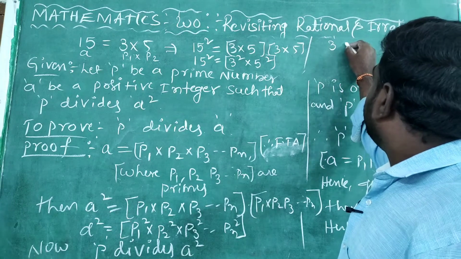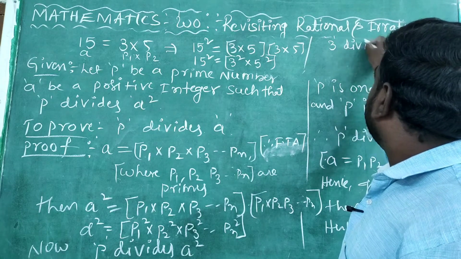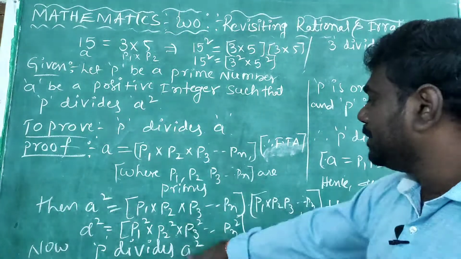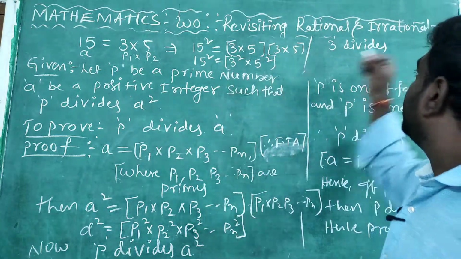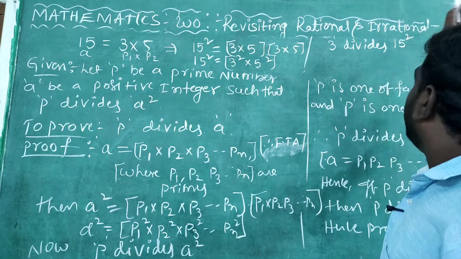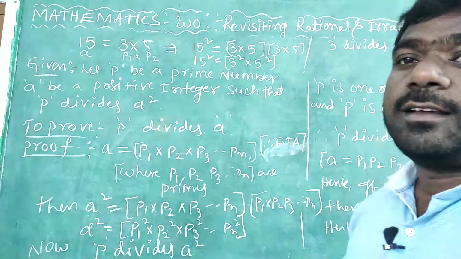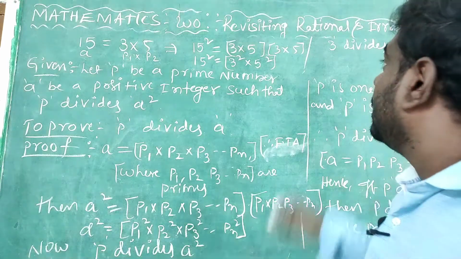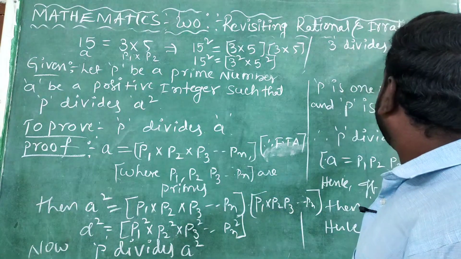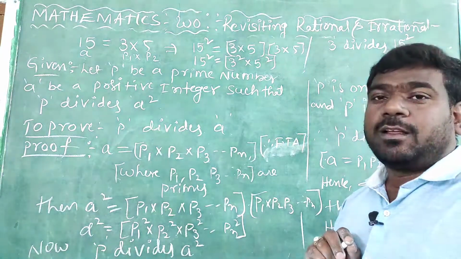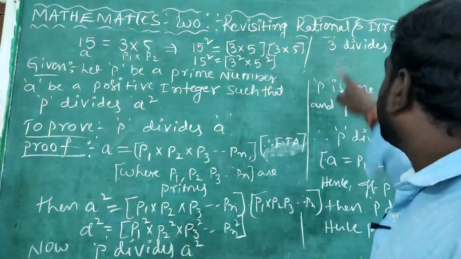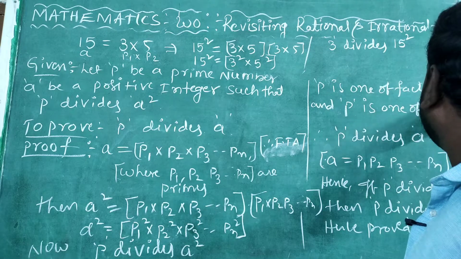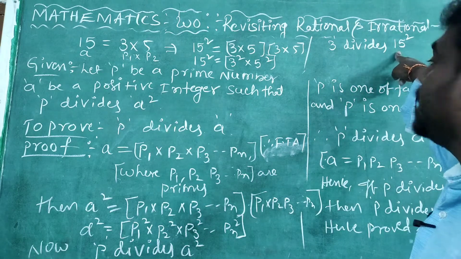3 divides, what is the number? A square means 15 square. So 3 divides 15 square. What are the conditions here? This P should be one of the prime factors of this A square.